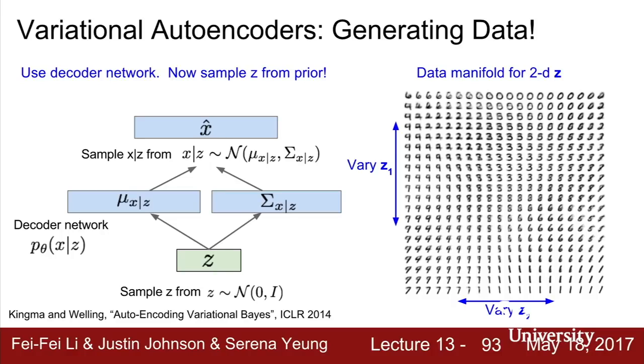If we take z in some range, from different percentiles of the distribution, and we vary z1 and we vary z2, then you can see how the image generated from every combination of z1 and z2 transitions smoothly across all of these different variations.